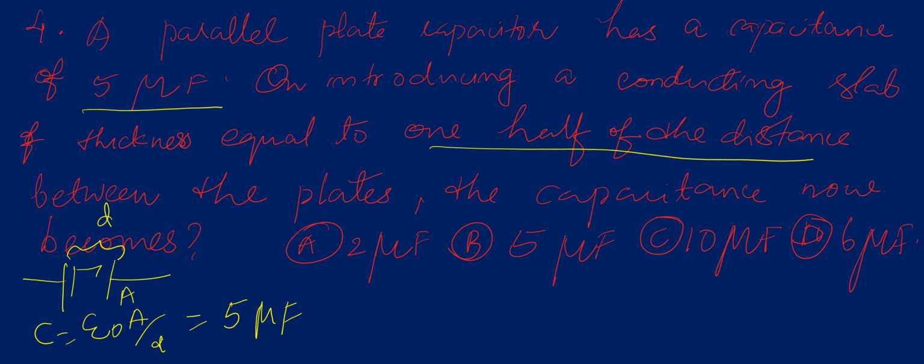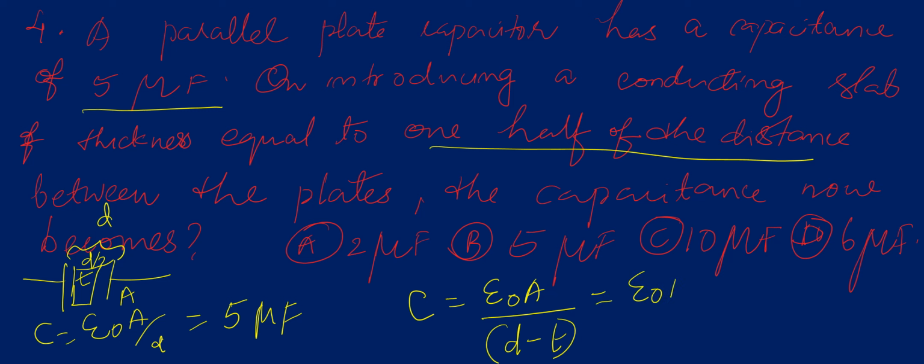When you introduce a slab of thickness D by 2, its capacitance value also changes. That is, the equation becomes C equal to epsilon 0 A divided by D minus T, where T is the thickness of the slab.